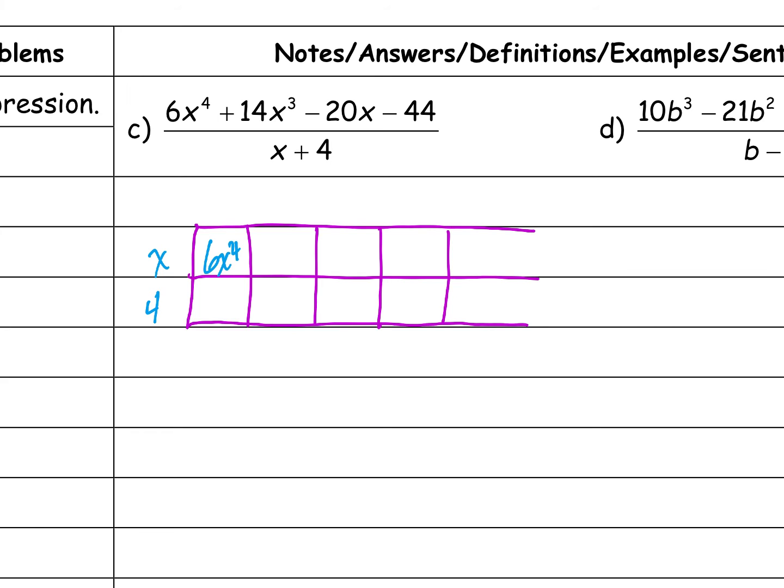What do I multiply x by to get 6x to the 4? Should be 6x cubed. And 6x cubed times 4 is 24x cubed. And then what do I add to 24x cubed to get 14x cubed? I think that's negative 10x cubed. Then negative 10x squared times x gives me negative 10x cubed. And then this should be negative 40.